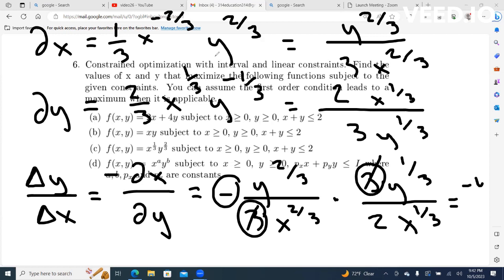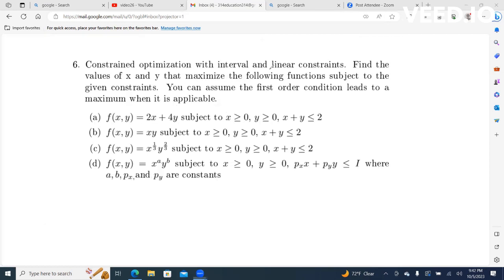I see negative y over 2x. So we had all this correct last time. This is all correct, and I just forgot that negative. Okay, so clear that, negative y over 2x.